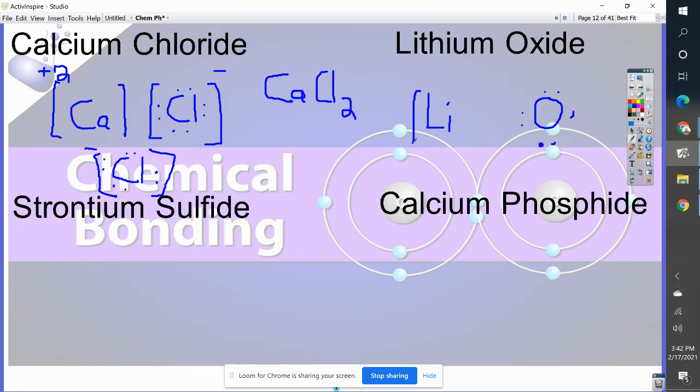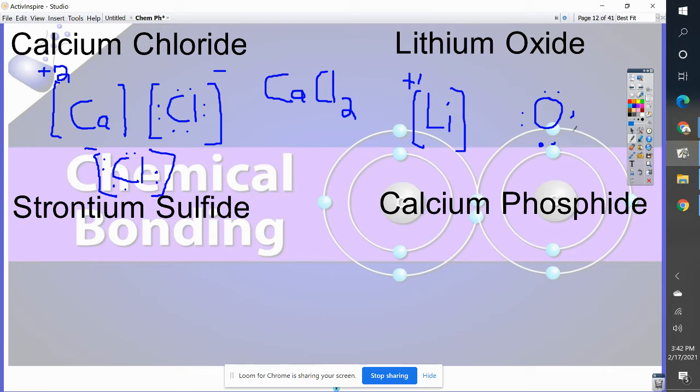And this lithium was neutral, just lost an electron, is now +1. So this lithium is now happy because it has a full valence shell. This oxygen, however, does not. It has 1, 2, 3, 4, 5, 6, 7.